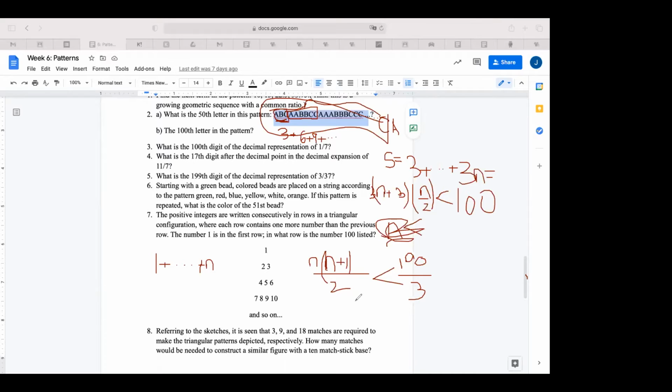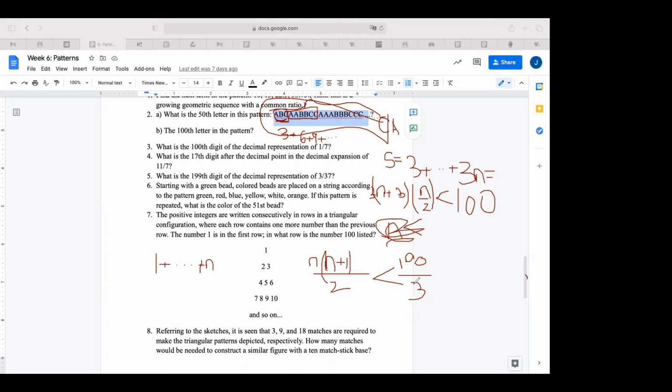Okay, so I think we need to make an estimate of 100 over 3. So 100 over 3 is 33.3 repeated, and I think we can round it to the nearest ones, so it would just be 33. This is about 33.